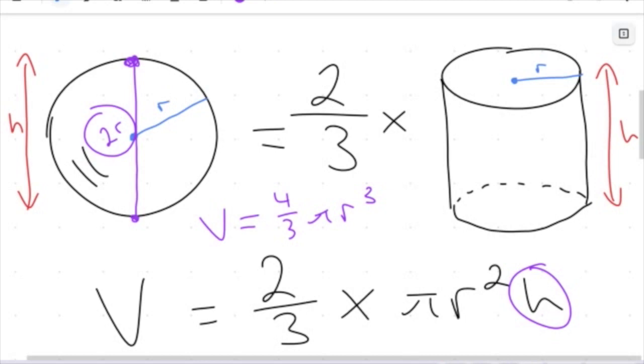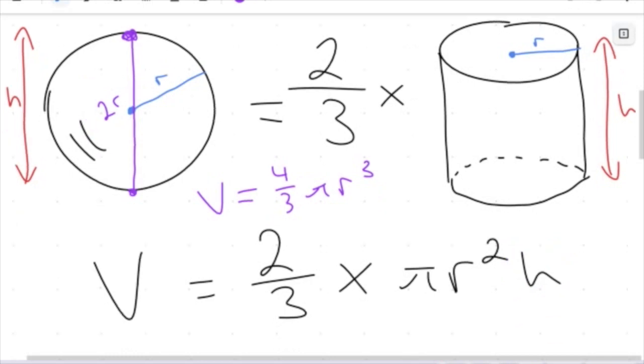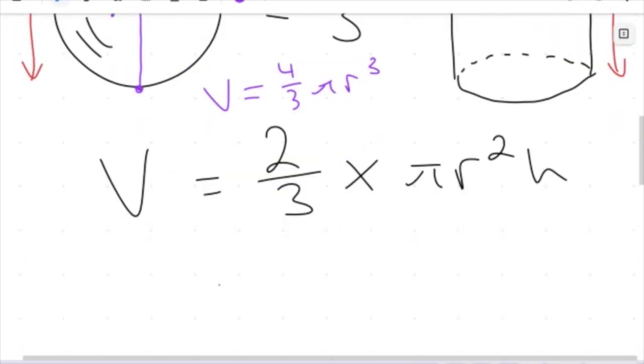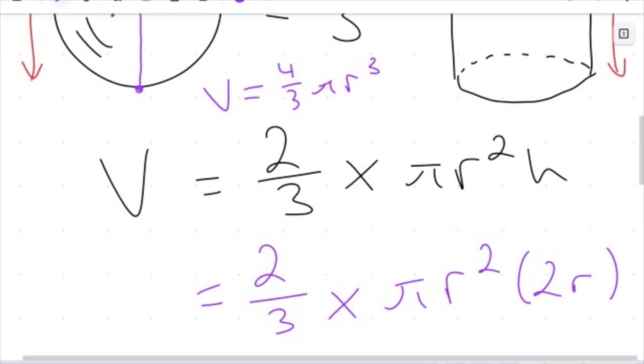The diameter of a sphere is still just its height, which we can give as 2r. So instead of putting h here, we are going to put 2r. So I'm going to write that in the next line of working. So we have 2/3 times pi r squared times 2r.